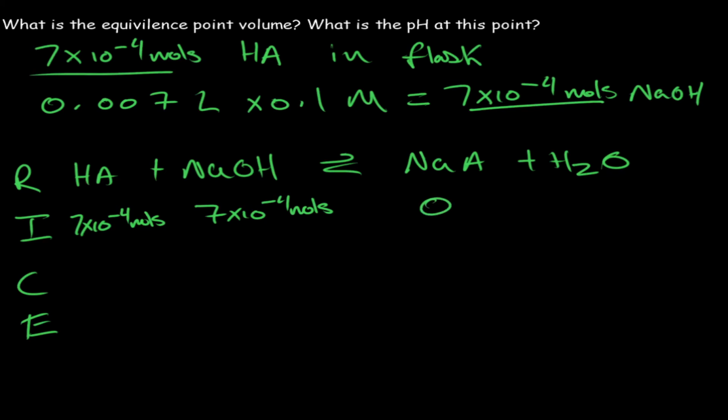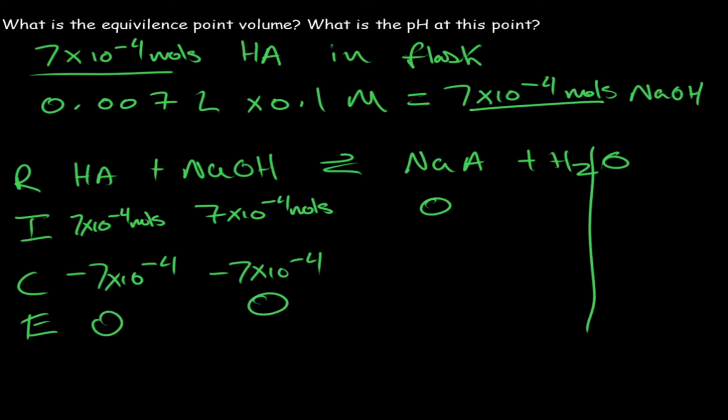We have 0 amount of sodium acetate, and we don't have to consider water because it's not going to affect our pH. So this reaction will occur, and all the sodium hydroxide is going to react with the acetic acid. So we're going to lose all of that on both sides. And we will gain that exact amount on the right hand side because all of that has reacted to create sodium acetate.